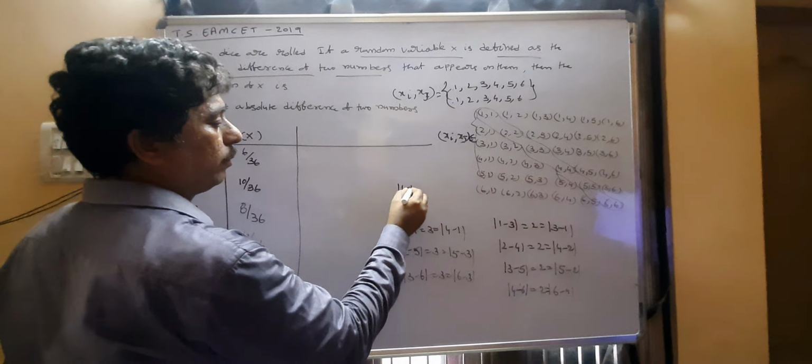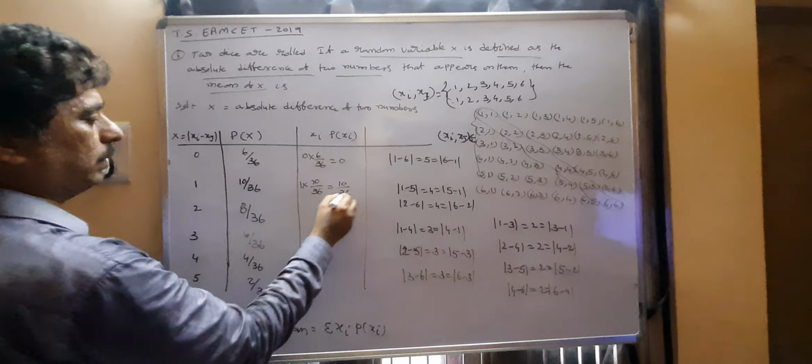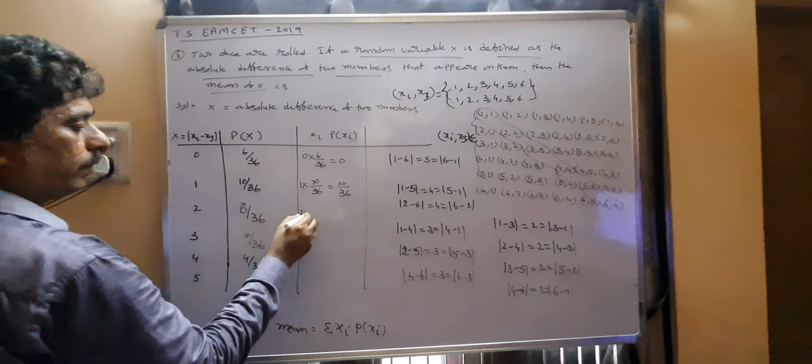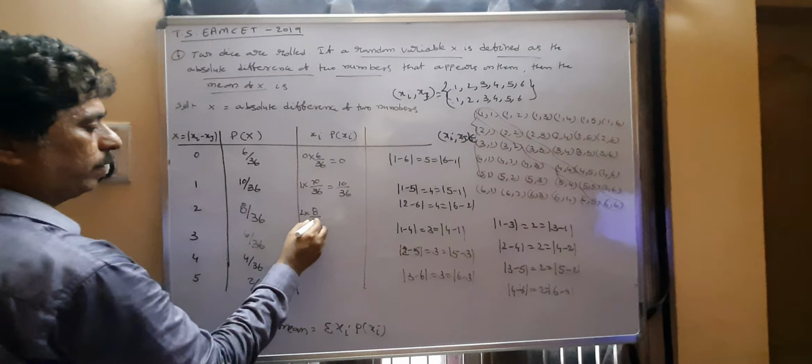So 0 into 6 by 36, that is 0. 1 into 10 by 36, 10 by 36. 2 into 8, 16 by 36. 3 into 6, 18 by 36. 4 into 4, 16 by 36. 5 into 2, 10 by 36.